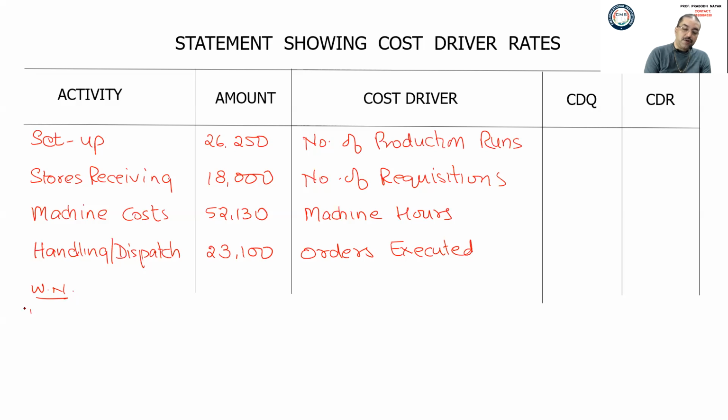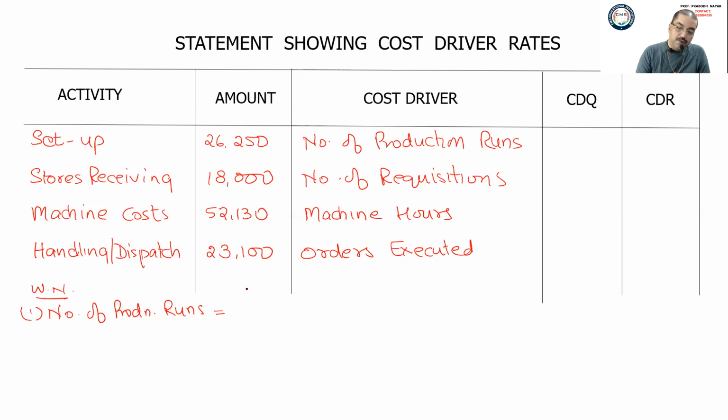Starting with the first one, number of production runs. How to calculate? They have told me that I am producing 600, 500, 400 and 600 units of A, B, C and D. Units are given, correct? And in one production run there are 20 units.